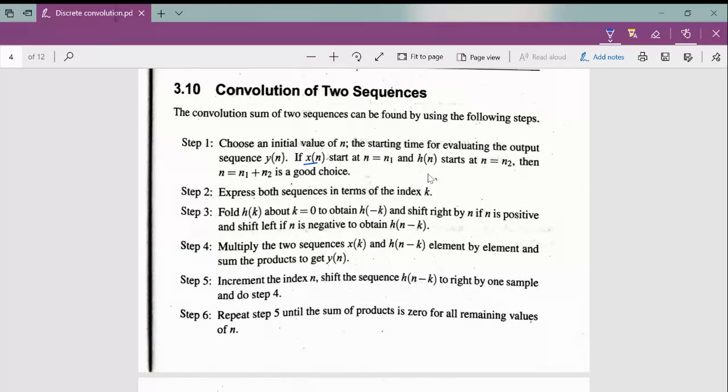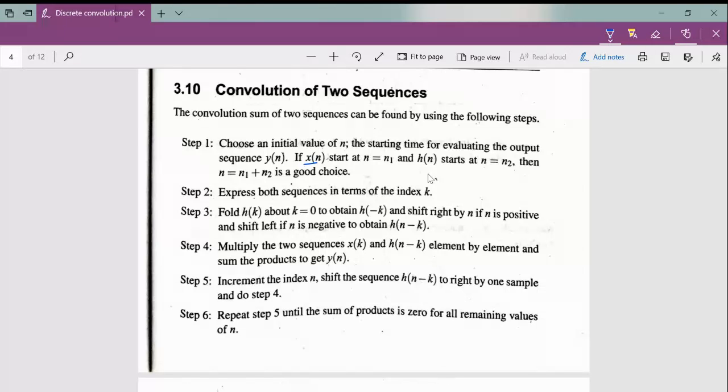If it starts from minus 1, the next point is 0, so we shift h of minus 1 minus k to the right by one position. Then h of 0 minus k, then h of 1 minus k, h of 2 minus k, h of 3 minus k.